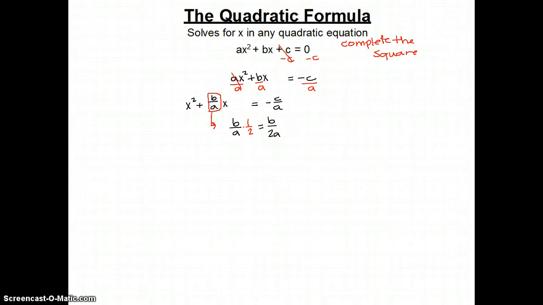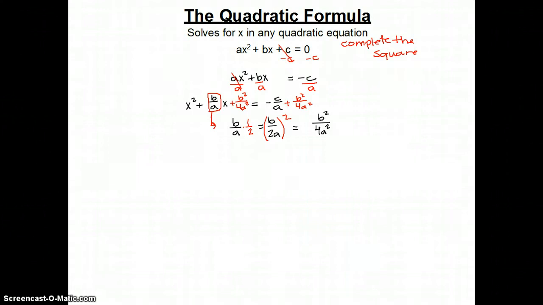From here, I need to square that term, which gives me b squared over, and 2a times 2a is 4a squared. I'm going to add this to both sides of my equation. So I add b squared over 4a squared, and I add b squared over 4a squared.